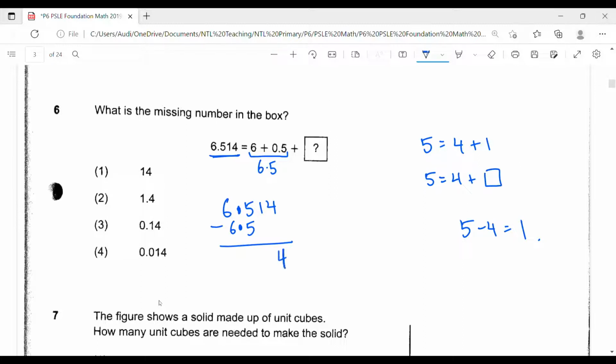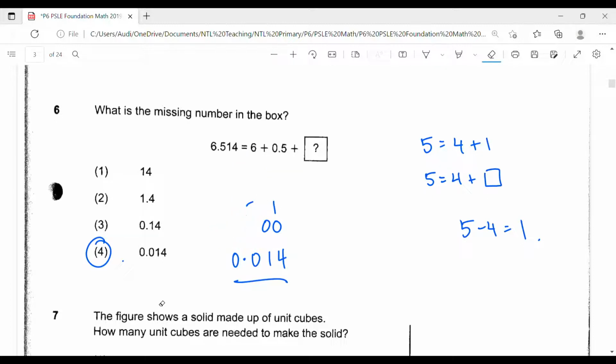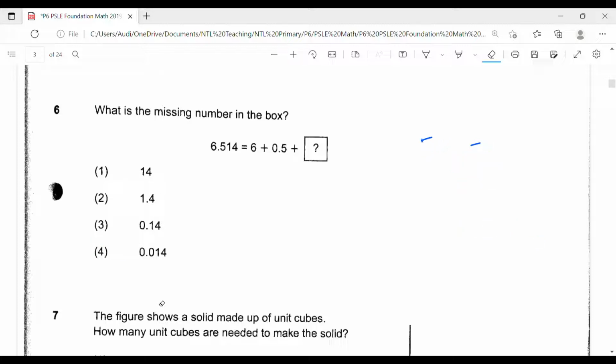Then you minus off. 5 minus 5 is 0. This is 0, 0, okay? 5 minus 5 is 0. 6 minus 6 is 0. This is our answer, number 4. Right, stop the video. Try the question again. Let me erase this. Then you move on to the next question.